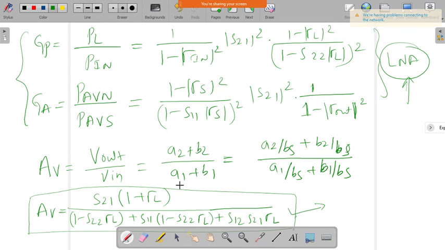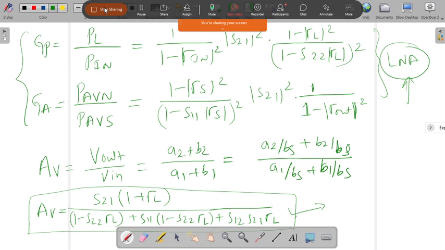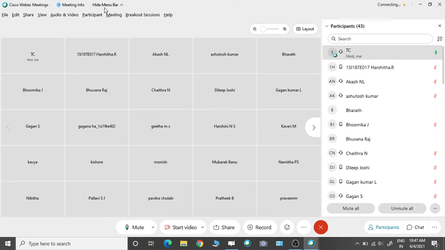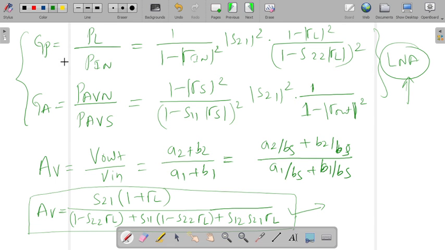So this is about the signal flow graph and different expressions for the power and also the gain. If you have any doubt you can ask, otherwise we will do one problem based on the properties of S parameters. This is one small important problem, so they can ask this one.